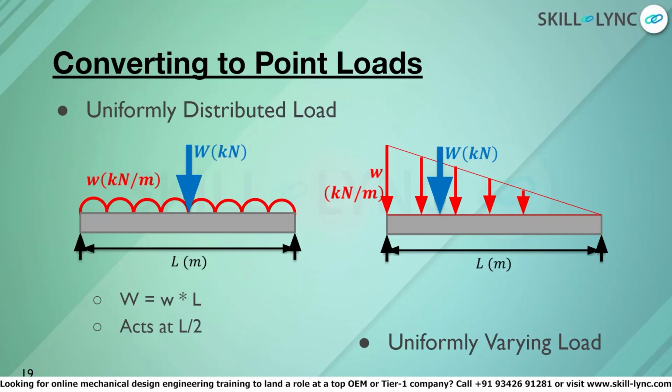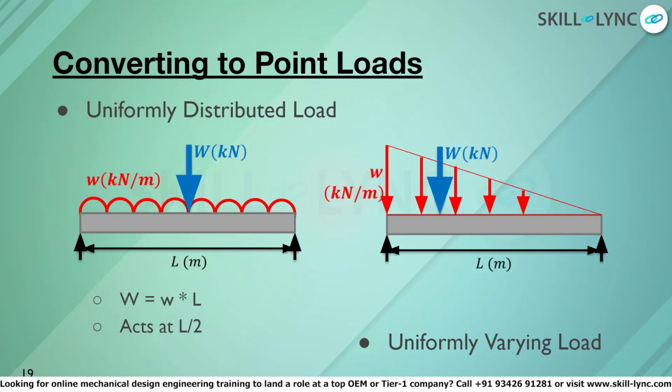Now we know that the length is the span, which is L, and here our height is small w. So here we take the area of the triangle, which is 1 by 2 into w into L. Thus, the equivalent load capital W will now act at the center of gravity of the triangle, which is L by 3 from the maximum value.